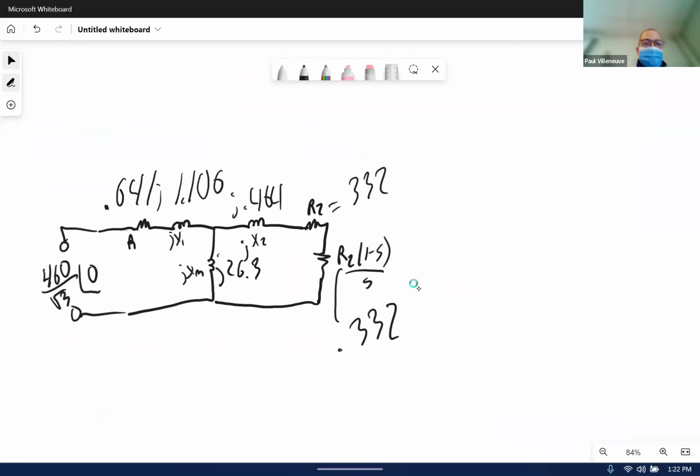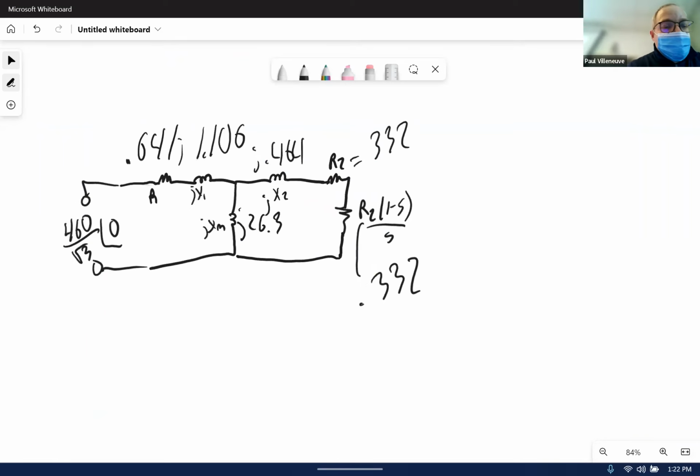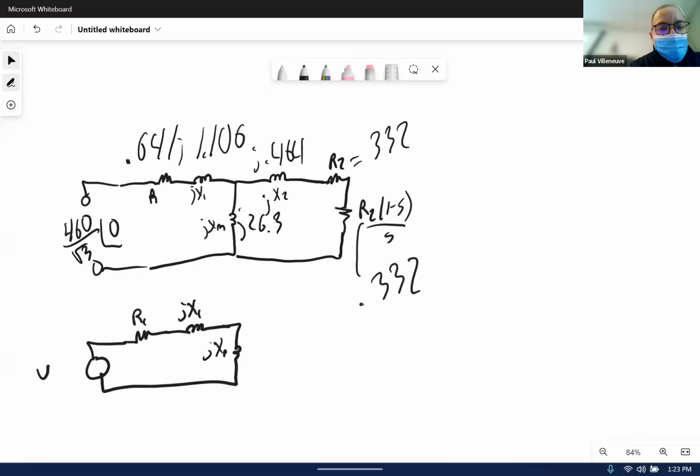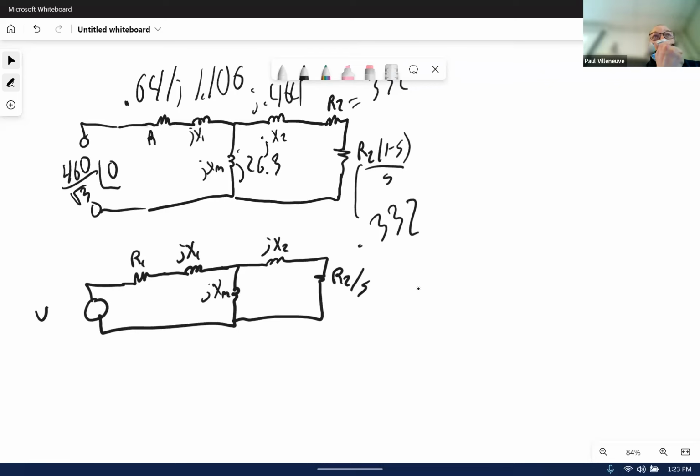I'm going to clean it up a little bit and then just write it as a bunch of values: R1, jX1, jXM, jX2, and then I'm going to combine these two into R2 over S. Now I'm ready to do circuit analysis.